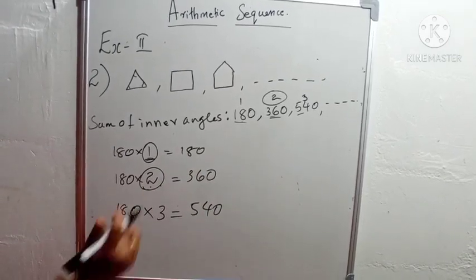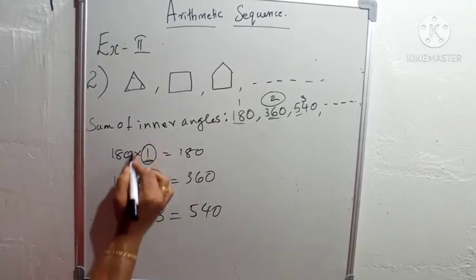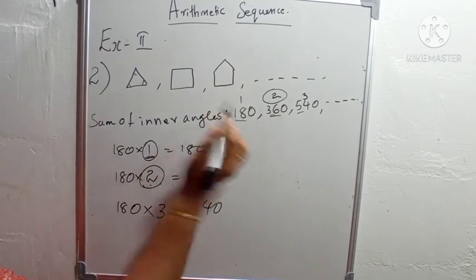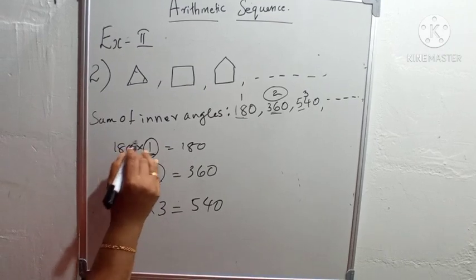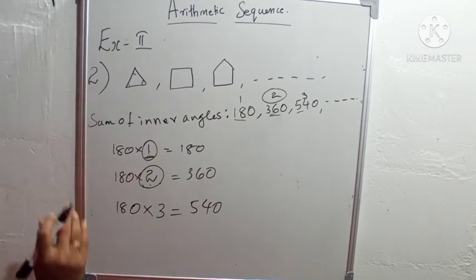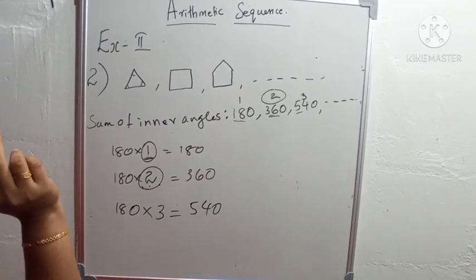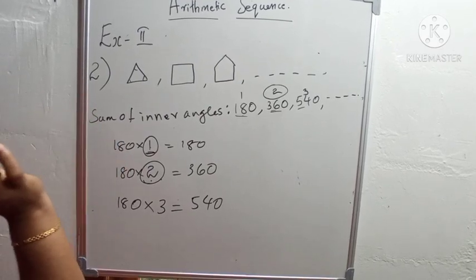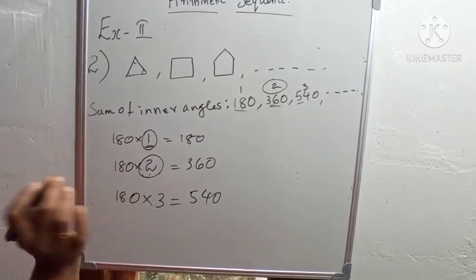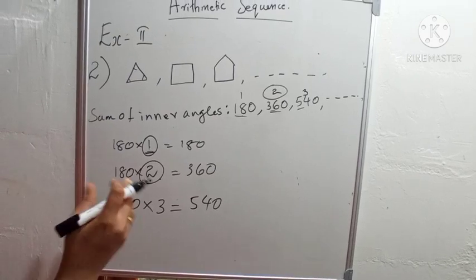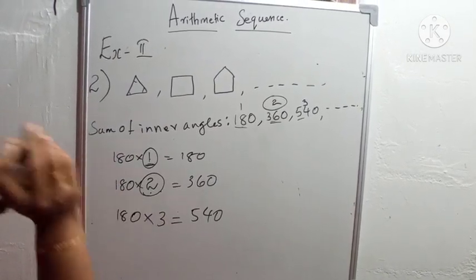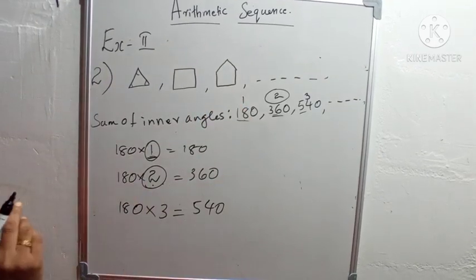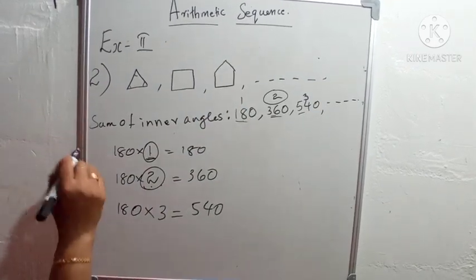So, how do we find the general form of this sum of inner angles? That is 180 into position gives the sum of inner angles of any term. We get the sum of inner angles by just multiplying its position with 180.